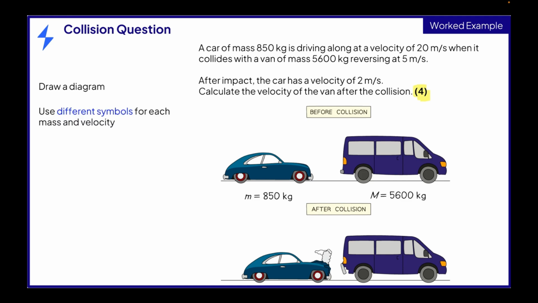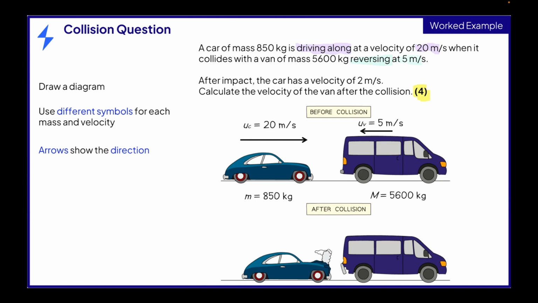In this worked example, calculate the velocity of the van after the collision for 4 marks. First draw and label a diagram to represent all the information. Let's start with the masses, as this does not change during the collision. We must use different symbols for each mass and velocity so we don't get confused. The car is driving along, which means it is moving forwards at 20 meters per second. Adding arrows to the diagram is essential to understand what is happening in the collision. The van is reversing, traveling backwards towards the car at 5 meters per second.